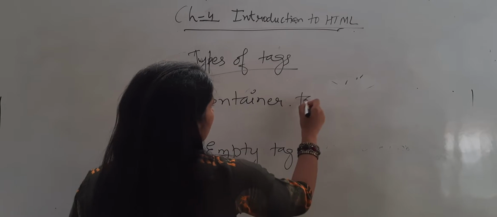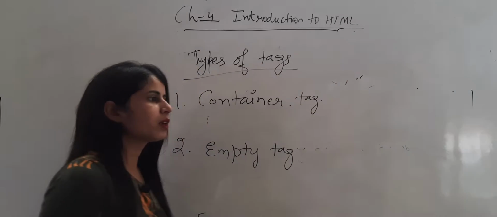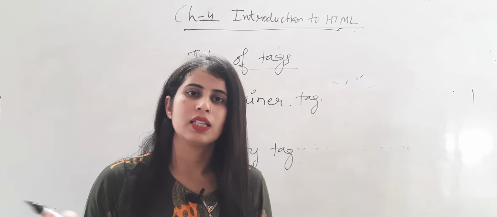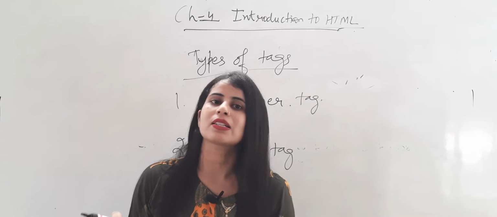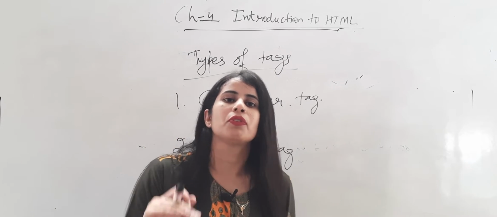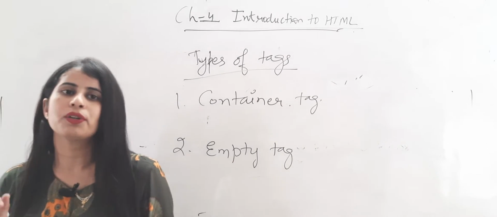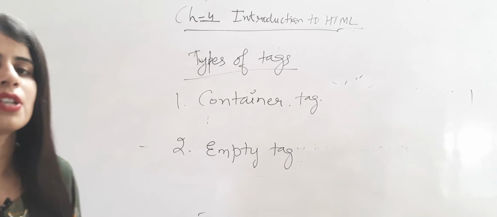Container tag, empty tag. Empty means khali, everyone knows. And a container is something that has a few things inside it. As their names indicate, their definitions follow.